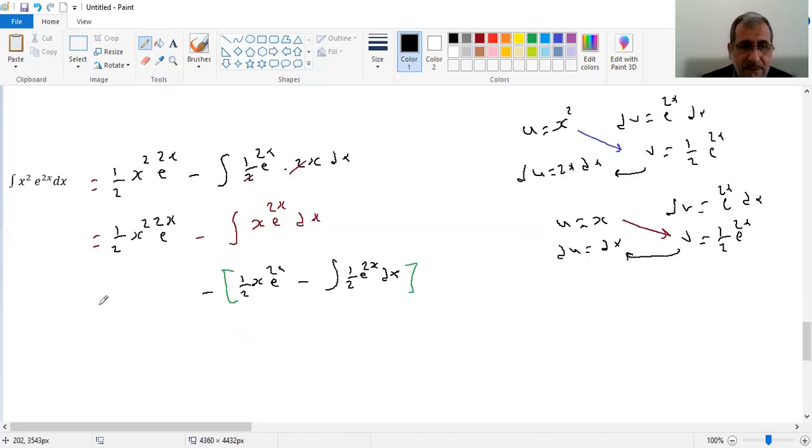Then write the first one, half x squared e^2x.